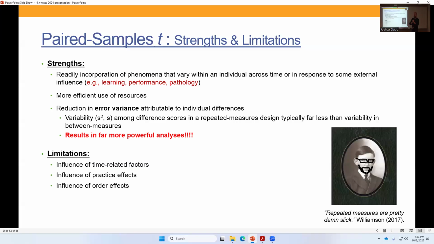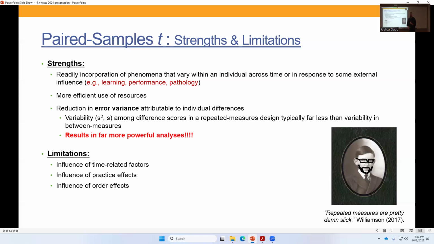You might see a huge increase because I already had some practice at it the first time around. So as you're thinking about these designs, ask whether there are practice effects, whether people already know the shtick, and whether that's going to impact how they perform on the next one.